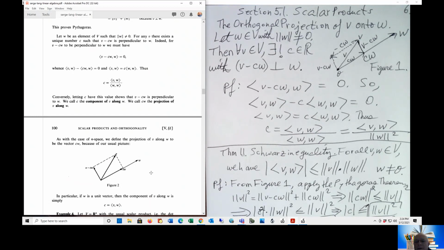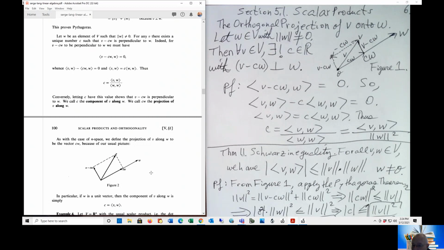So when we have two vectors, v and w, emanating from the origin, the 0 vector, having the same common starting point at the 0 vector. And in my diagram, notice that w is drawn with a longer length than v for the sake of simplicity. Okay.